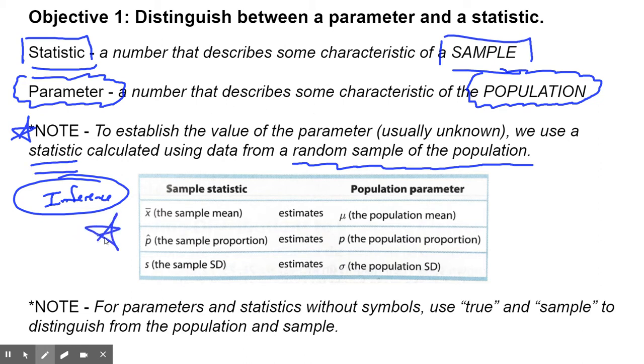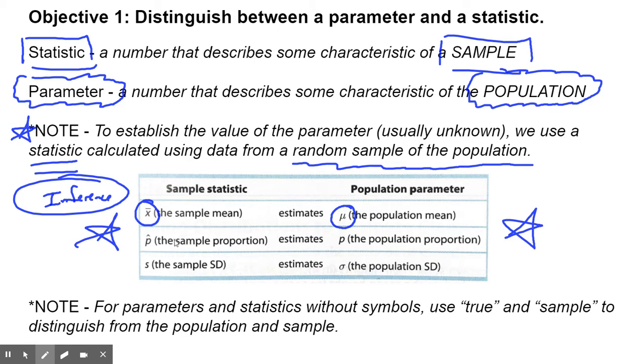This box is very important here. So in this box, we're going to link what the sample statistic looks like compared to what the population parameter looks like. So for mean, the sample mean is X bar. And for the population mean, or the true mean, is mu.